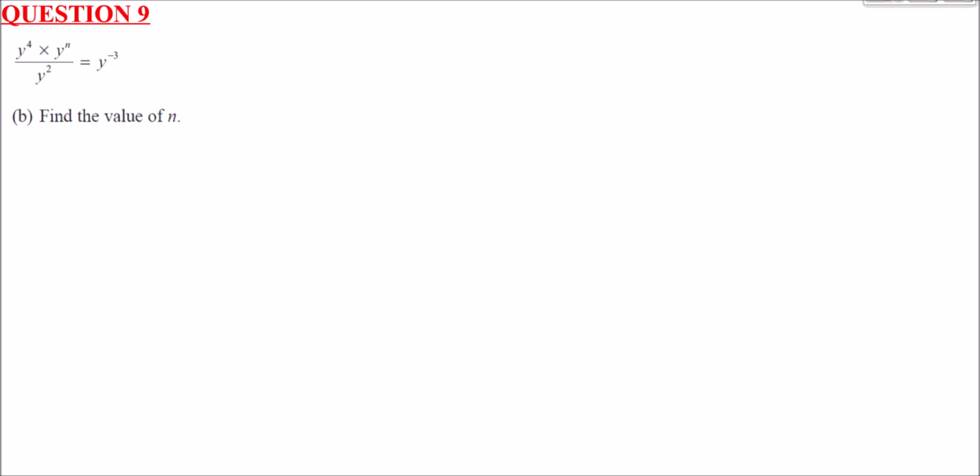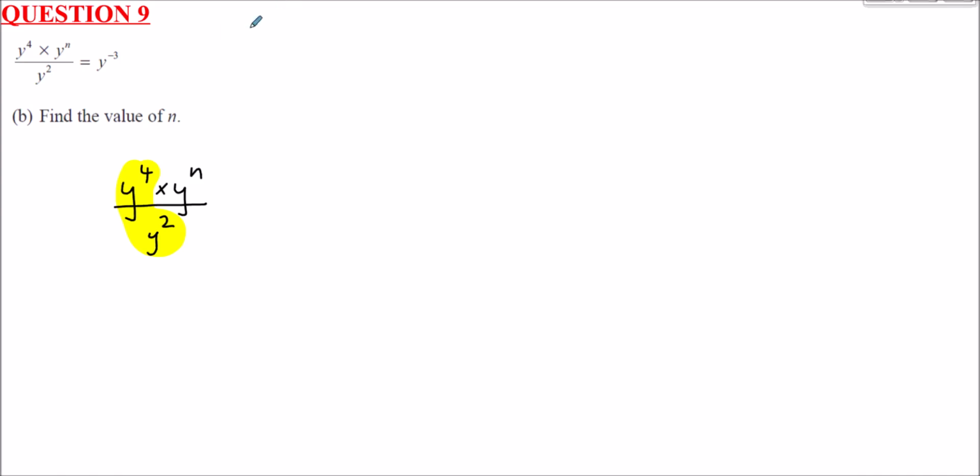So part B is a laws of indices type question, and we're asked to find the value of n. So, first of all, we can take this and apply the laws of indices directly. So, we'll leave the y to the power n on its own and just hone in on the y to the power 4 over y squared.